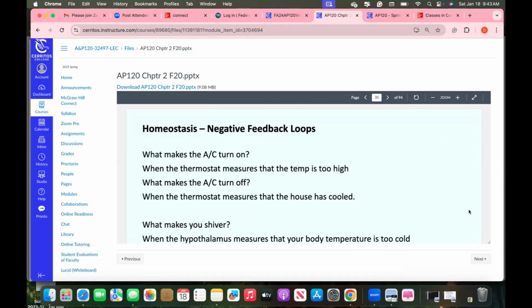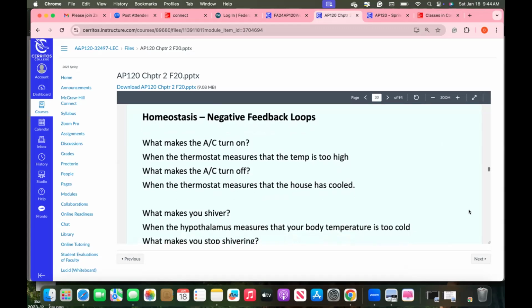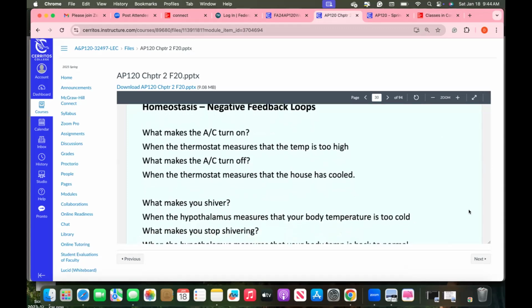When the temperature lowers to a specific point that you set on your thermostat, it will shut off. So now, in a similar way, what does your body do? Well, you have a thermostat, but not like an internal thermostat. You have an organ called the hypothalamus in your brain that measures when your body temperature is too cold.